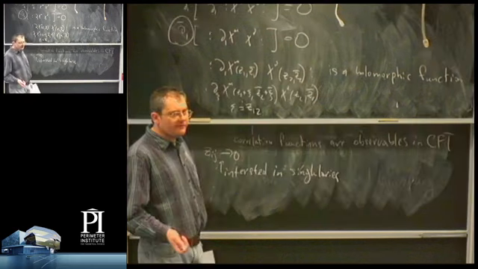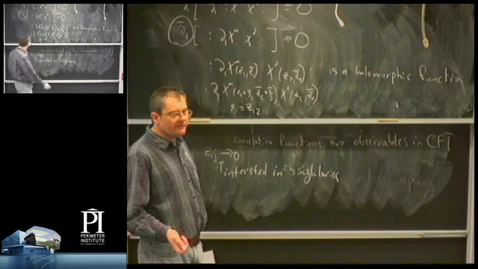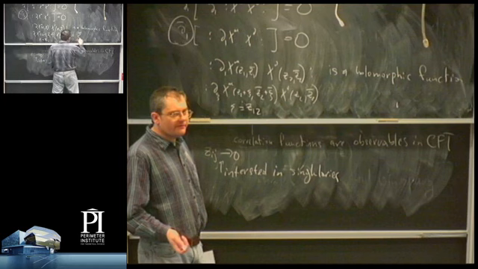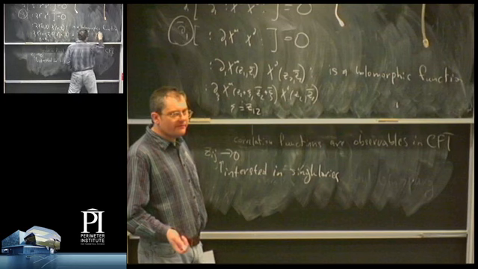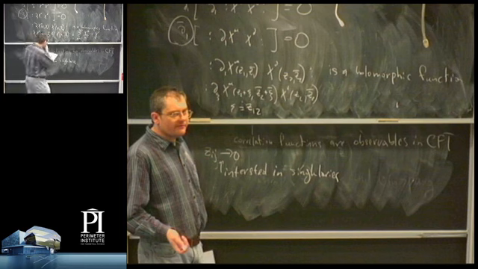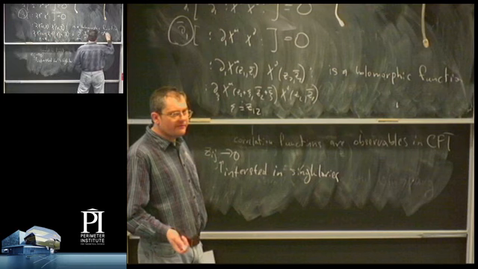The theory of complex variables simply tells me that if I have a holomorphic function, it must have a Taylor series expansion. So I can write this as an infinite series: the sum from k equals 1 to infinity of psi to the k over k factorial, times x mu, and then I need to take k derivatives, so this will be del k of x.